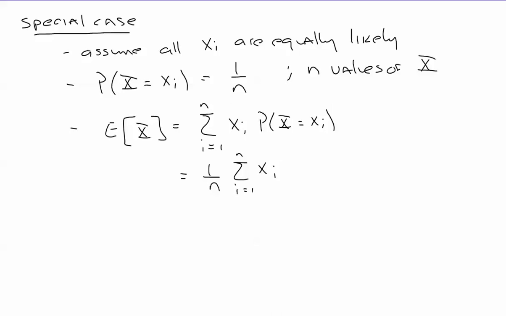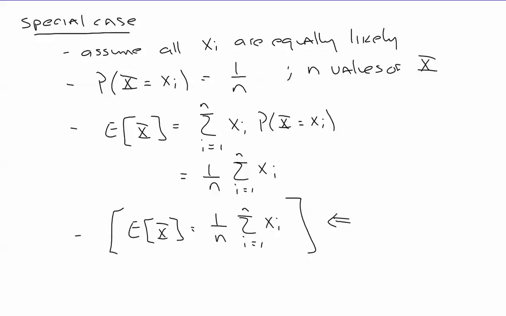Let me summarize it here: for a discrete random variable where all of the possible values are equally likely, this is the way I would find the mean value. This is a limited special case. What I do is I add up all of the values and divide by the total number of values.